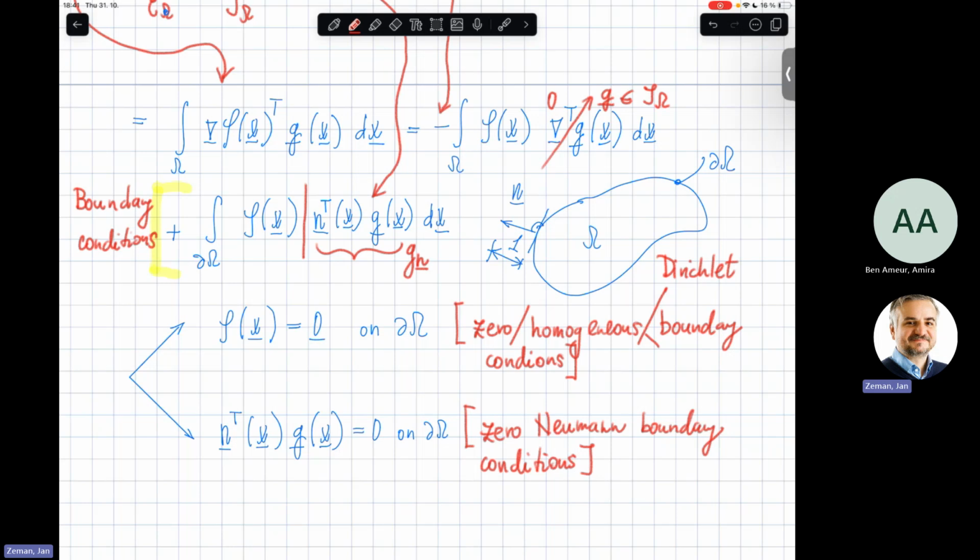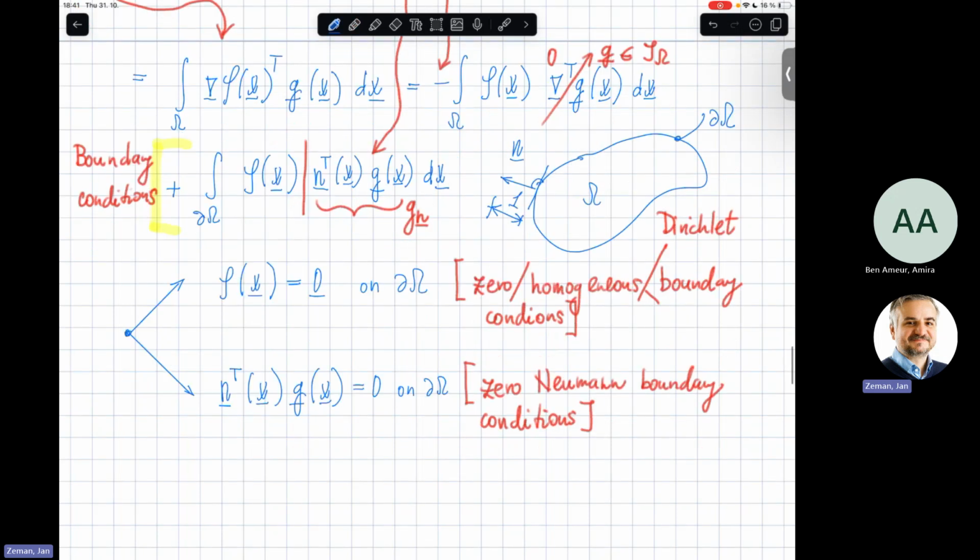So what I'm now saying is that if I'm considering the situation in which the boundary conditions are of the Dirichlet type with zero on the right hand side, then these two fields are orthogonal for any G, so for any vector function I started with.